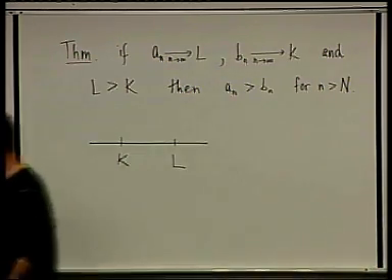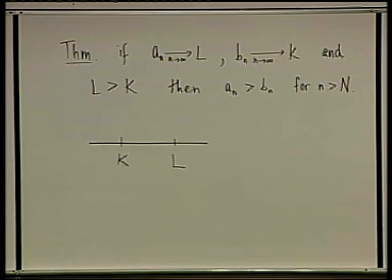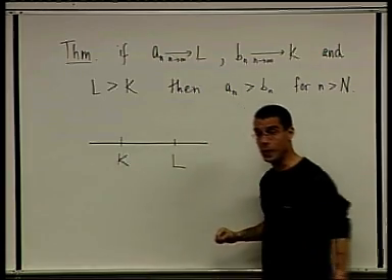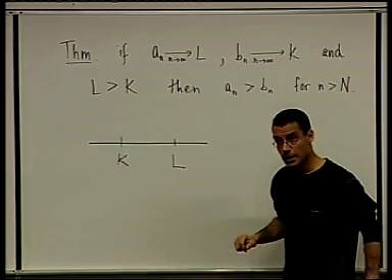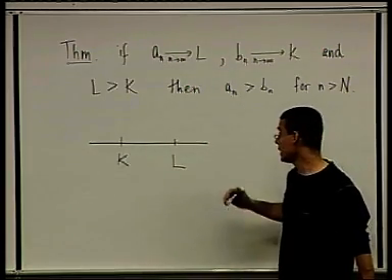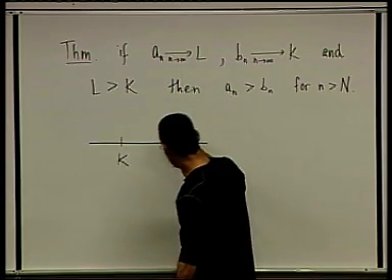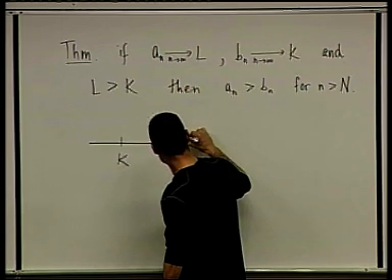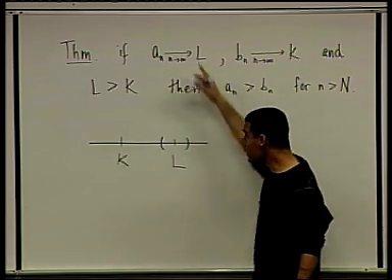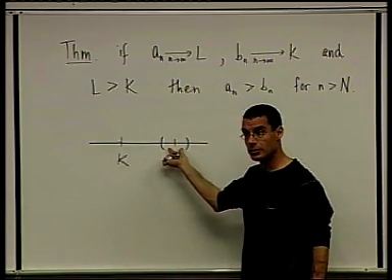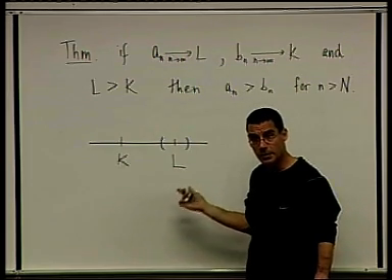What does it mean that a_n converges to L? It means that eventually, starting from a certain index and onwards, if I take a small neighborhood of L, all these a_n's are going to be here, right? That's the definition of the limit.